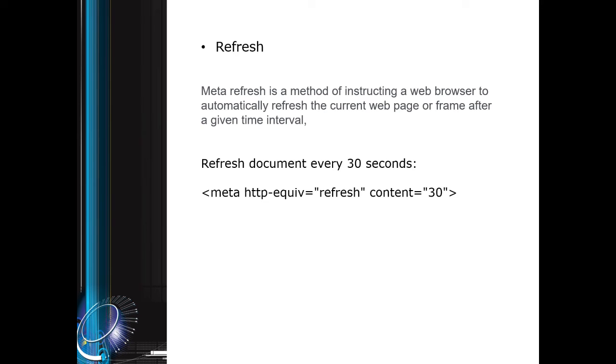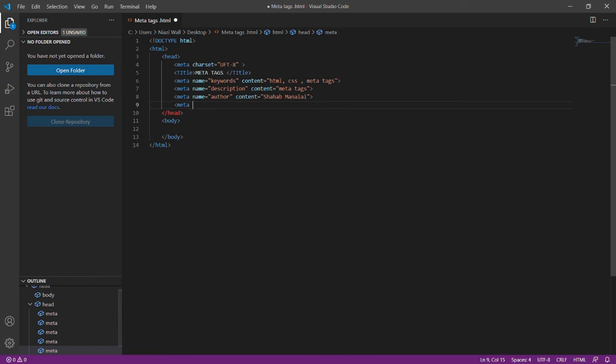Let's see how we use it. Instead of name we use http-equiv. In the box we write down refresh. Then here content, and here we write down when the browser refreshes our web page, like I write down 10 seconds, and closing bracket.